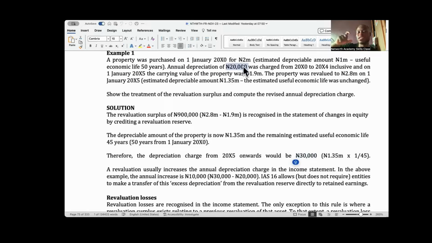So that difference is an excess depreciation that we usually use to earn our revaluation reserve. Since revaluation surplus or reserve is unrealized income, as we are using it, we use that excess depreciation to earn it by transferring that amount from revaluation reserve directly to retained earnings.